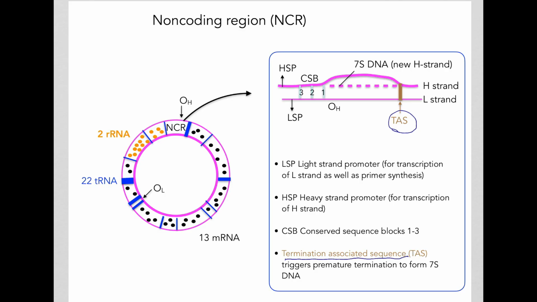And this TAS triggers premature termination to form a small DNA called the 7S DNA. So we'll talk about this new H strand, this 7S DNA, at the end of the video.